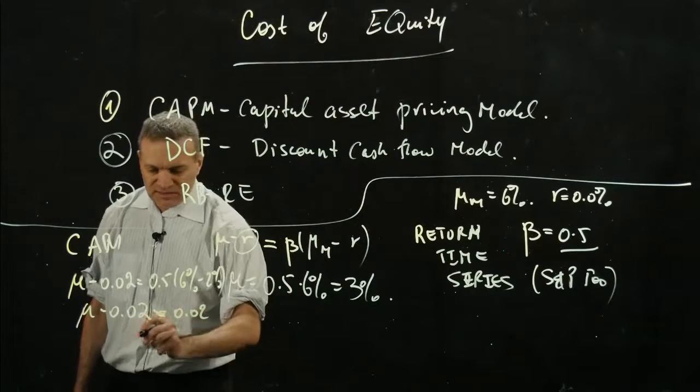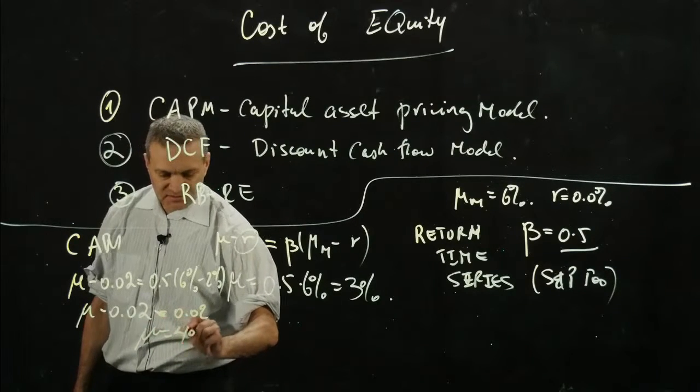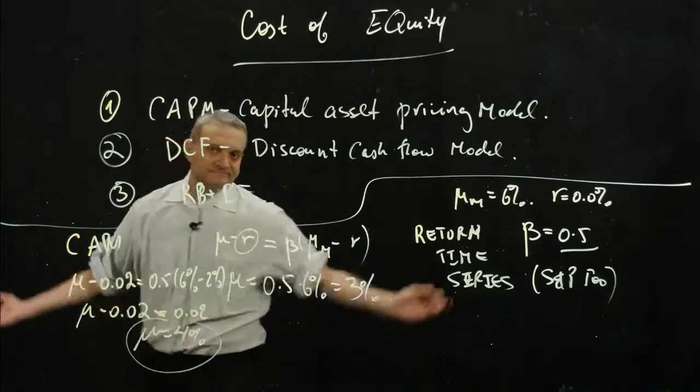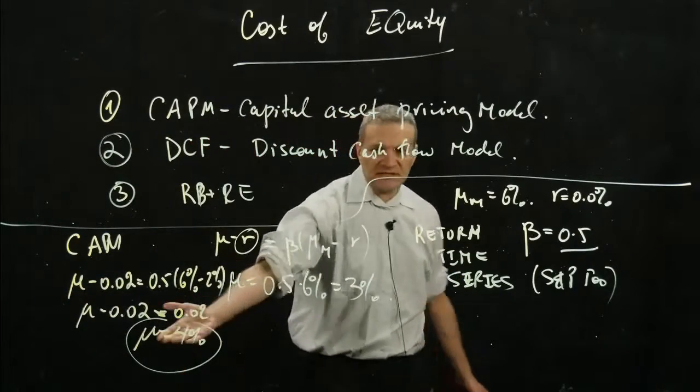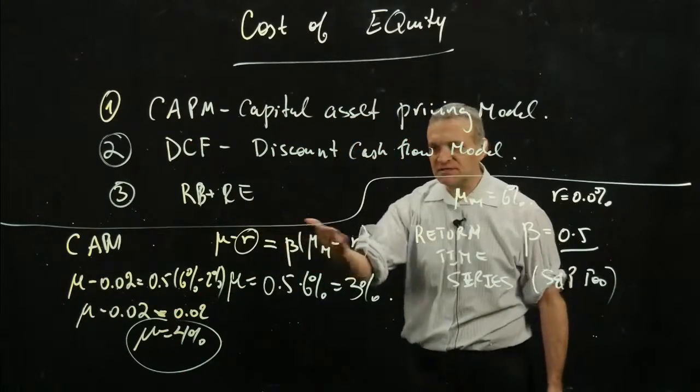Then mu is going to be 4%. So here's an example where R is not 0, but 2%.